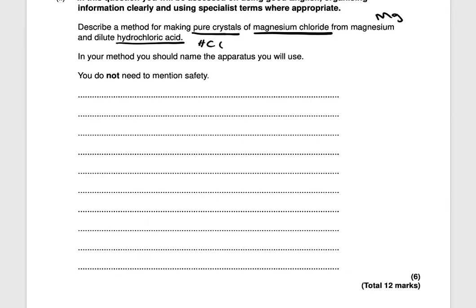Okay, how are we going to do this? Well, we're going to use a beaker. That's going to be one of the pieces of equipment that we're going to use. We're going to use a beaker, and we're going to pour hydrochloric acid into the beaker.